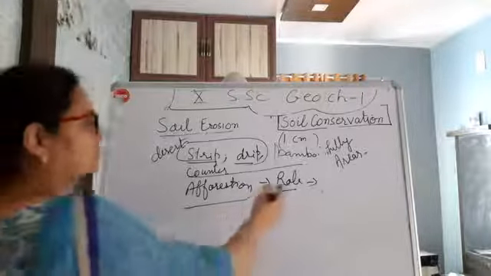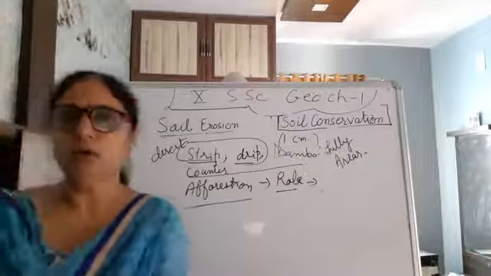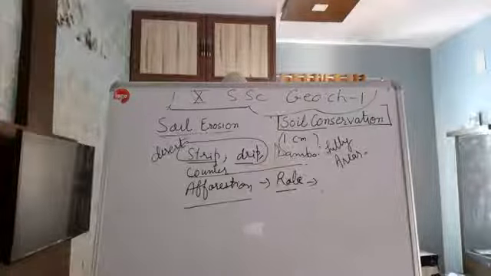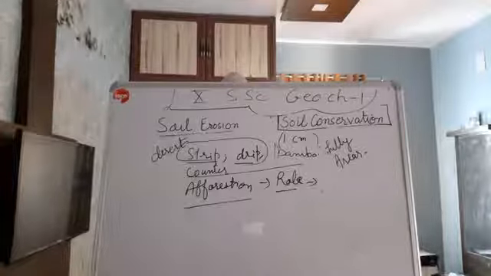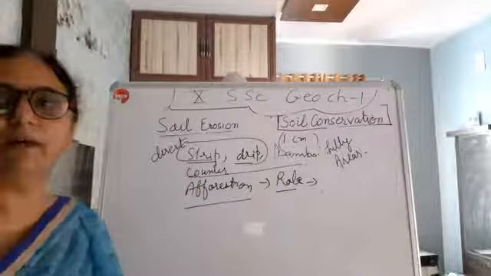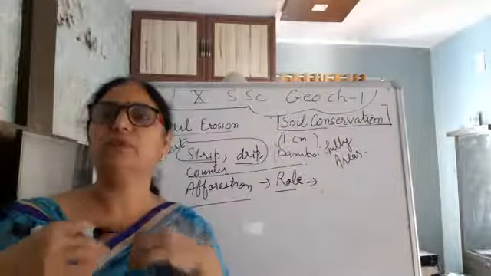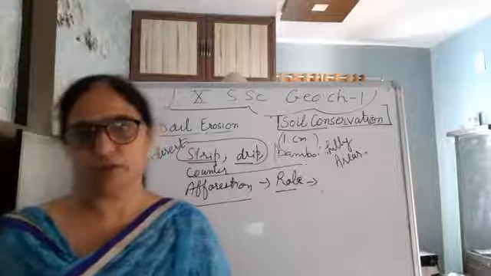Afforestation is directly related to the Chipko movement, that they don't want to cut the trees, the Bishnoi community. And this is our moral duty nowadays. Everybody has to take care of soil conservation. It is our moral duty also. We should make others also learn about the conservation of the soil.